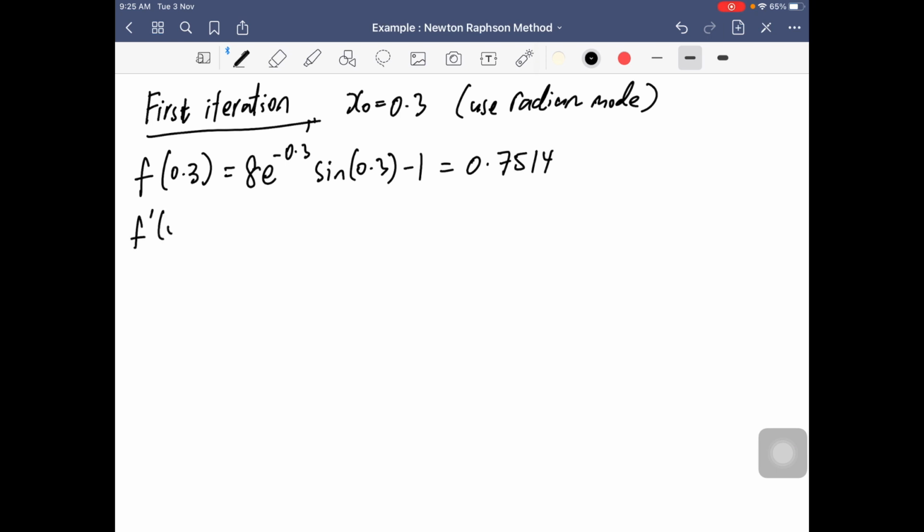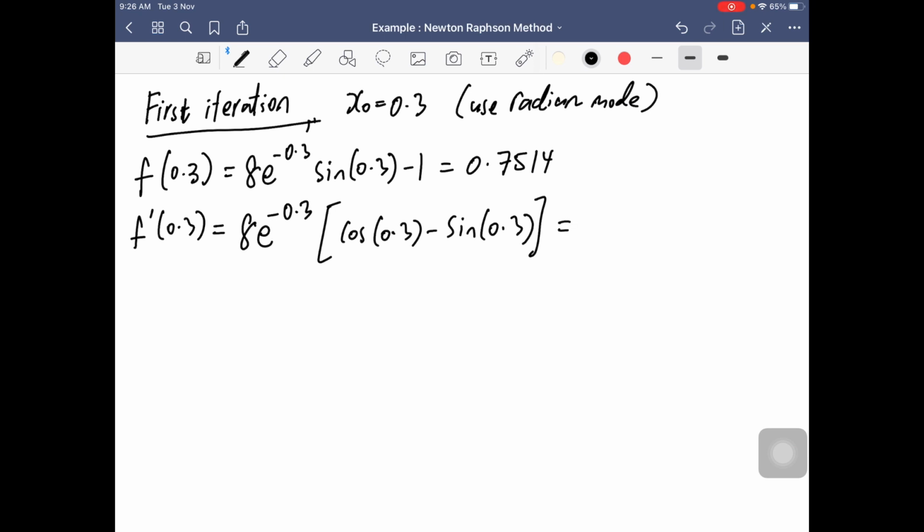And then for f'(0.3), substitute into your f' when x equal to x0. If you use your calculator, you get 3.9104.